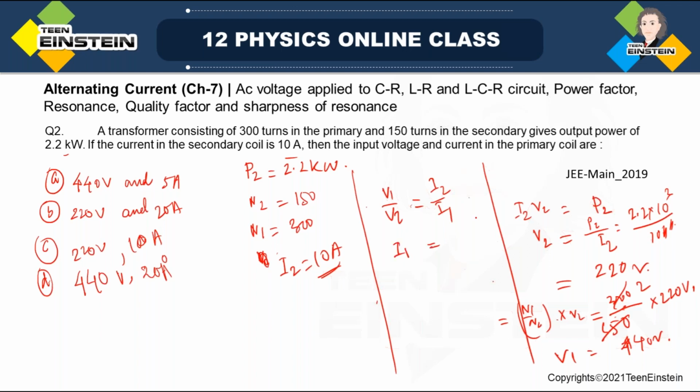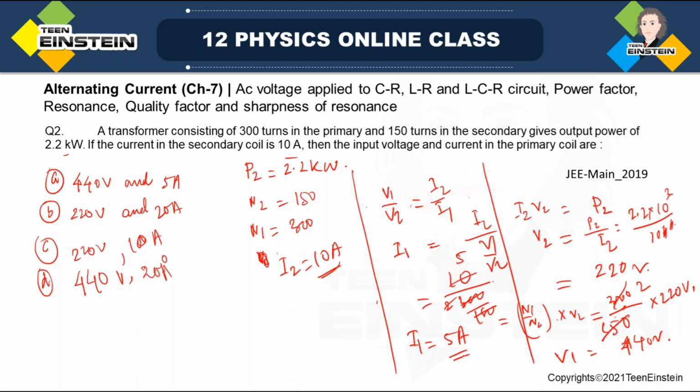So I2 is 10 ampere, times V2 by V1. So I1 is actually 5 ampere.